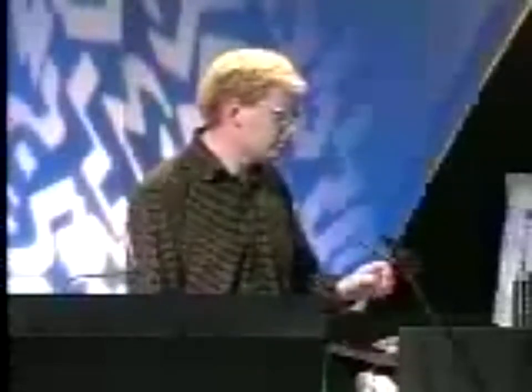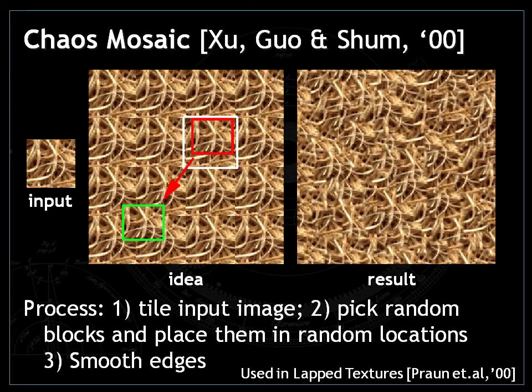So there was a number of papers on optimizations and improvements to the work, Wei and Levoy, Harrison, Ashikhmin, to name a few. But then came along something even simpler, an amazingly simple thing, the chaos mosaic work by Xu, Guo, and Shum, where you take the input image and first you just tile it, and then you take random blocks.